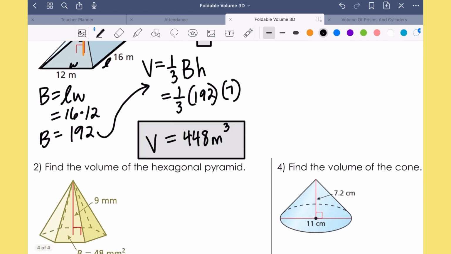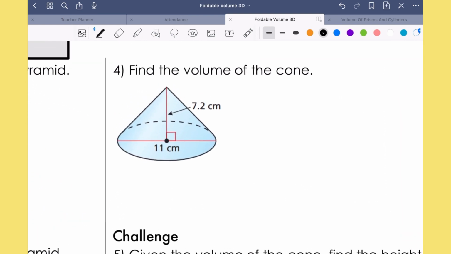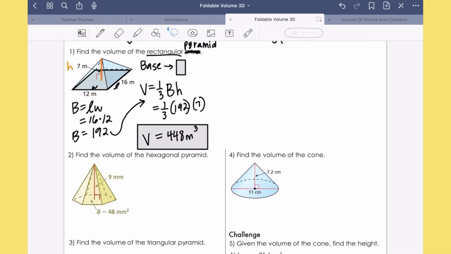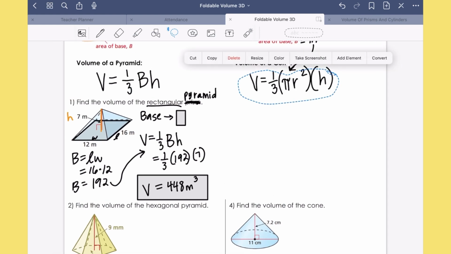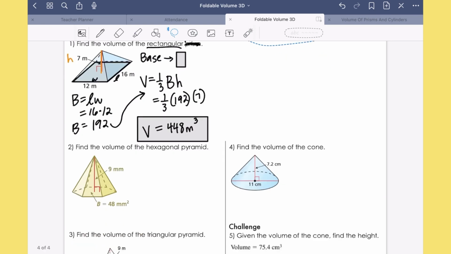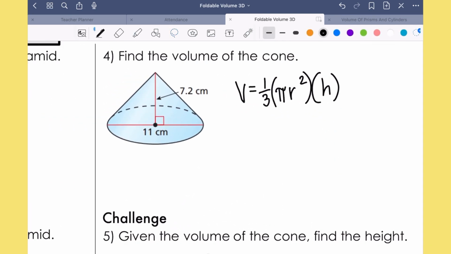Okay, we're going to do this cone right here. So I'm going to write down the formula. Let's just copy it. Copy. Paste. Anything with a circle base is my favorite because it's very, very nice and straightforward. I take the base here, which is my circle at the bottom.